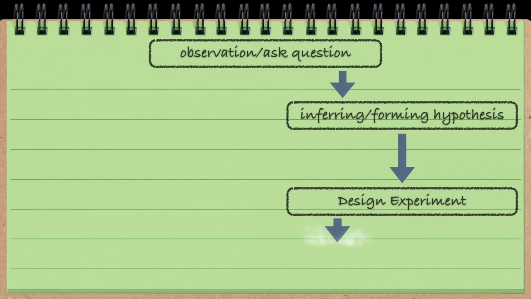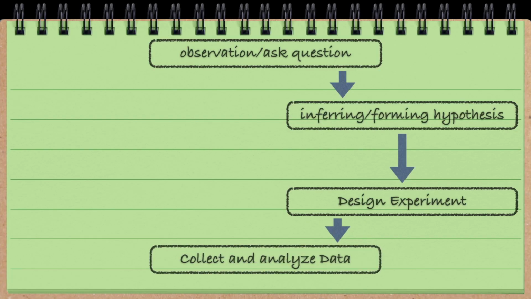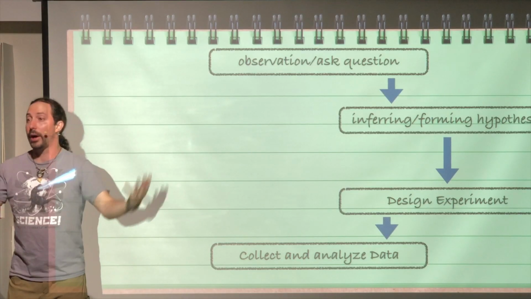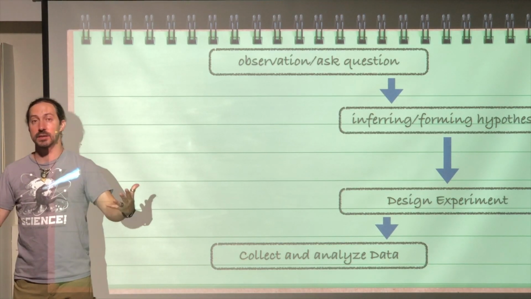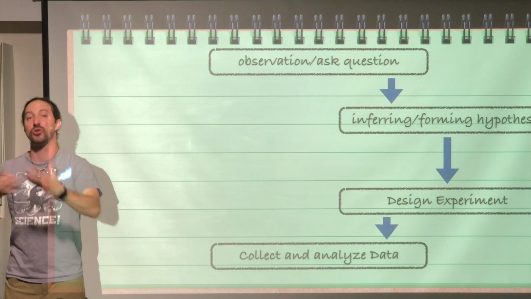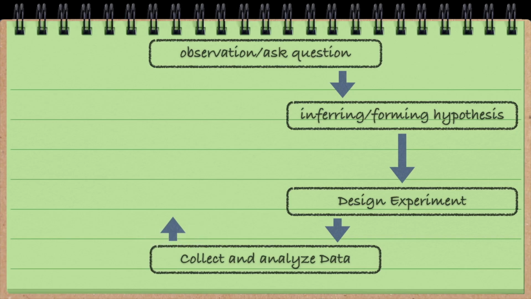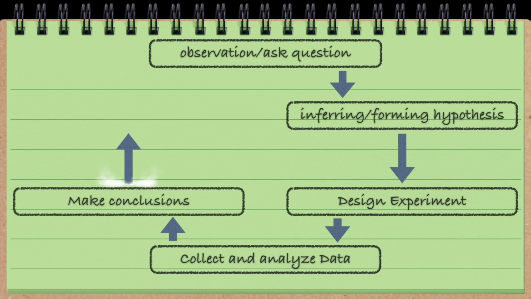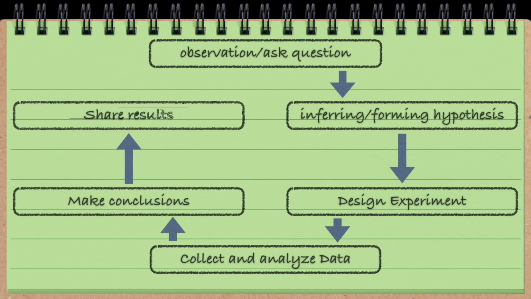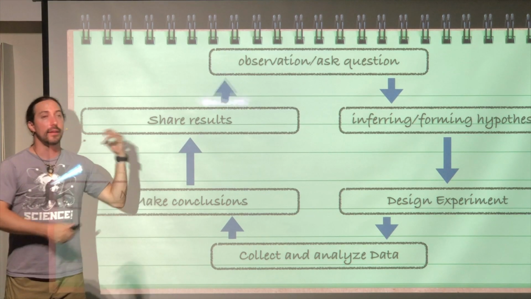Next, you're going to collect and analyze data. Throughout your experiment, you're going to collect some data, so then you're going to analyze it. You're going to try to figure out what it says, what does it mean. Then you work your way across. You're going to make some sort of a conclusion based upon the analysis that you just did.